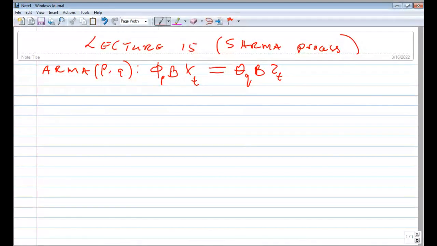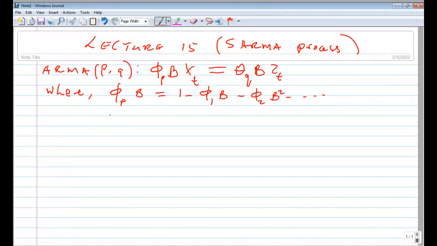And remember, we just want to introduce the ARMA process in this regard. So the ARMA process, as you know, is defined by phi_p(B) x_t equal to theta_q(B) Z_t, where phi_p(B) is equal to 1 minus phi_1 B minus phi_2 B squared minus, and so on.